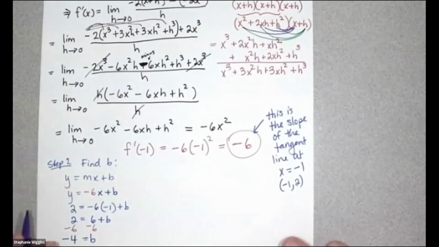Probably should have used a different color. This negative 6 is not the same as the slope. I'm just subtracting. Okay.